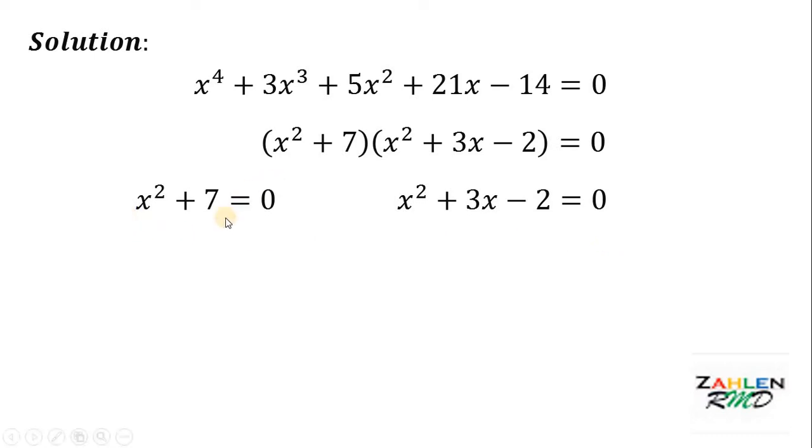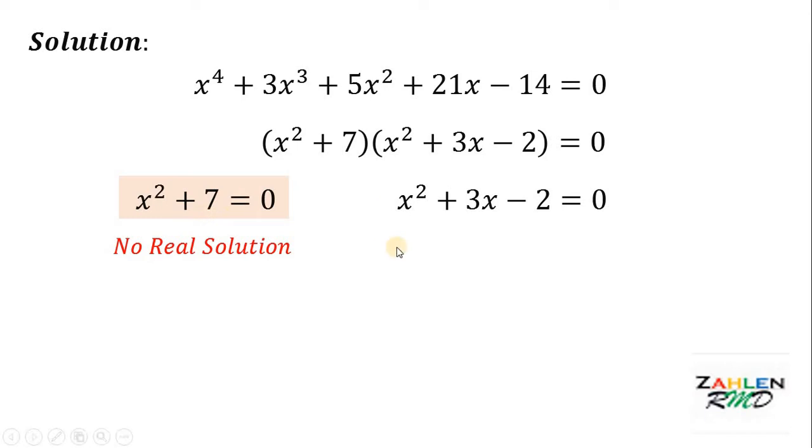Now, x squared plus 7 equal to 0, this factor cannot give us a real solution. Why? Because if we subtract 7 from both sides, we get that the value of x is square root of negative 7, and that's imaginary.